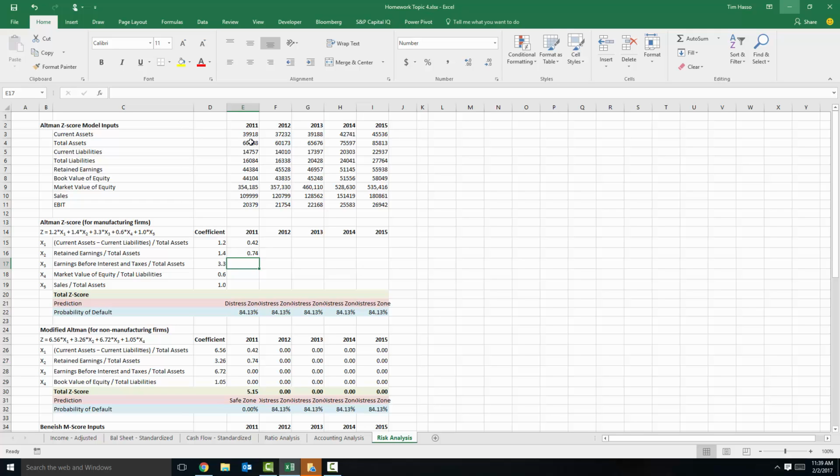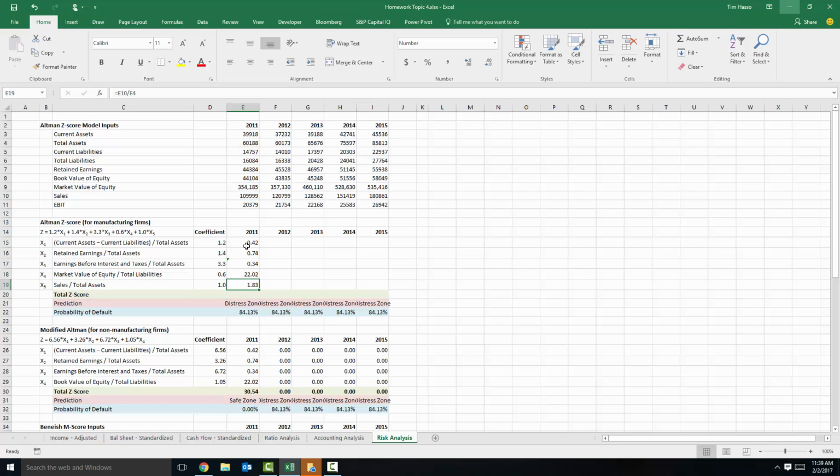The third variable is earnings before interest and tax, or EBIT, divided by total assets. We have that in E11, divided by total assets. We then have market value of equity divided by total liabilities. And then finally, we have sales divided by total assets.